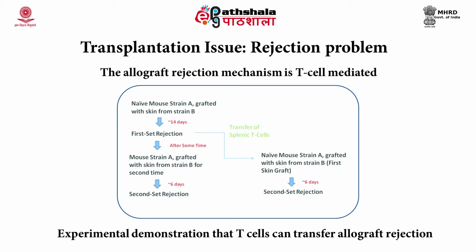The experimental demonstration that T cells can transfer the allograft rejection is as follows. When the T cells obtained from the spleen of an allograft primed mouse are transferred to an unprimed mouse of the same strain, the recipient generates a second set rejection response to an initial allograft from the original allogenic strain. Both CD4 positive and CD8 positive T cells are involved in graft rejection.